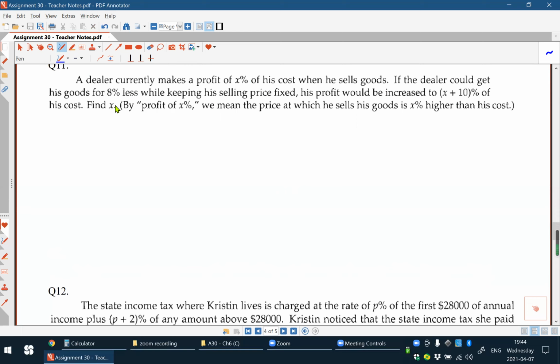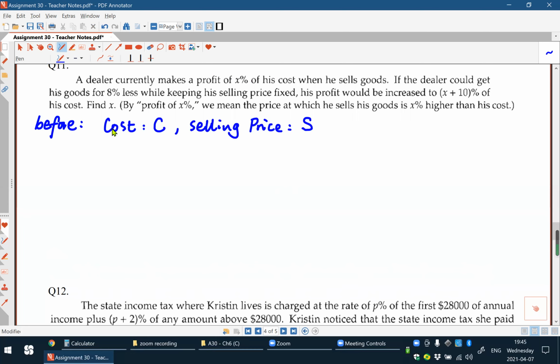Find the number of X. So before he changes his cost, let's just say the cost is denoted by C, and the selling price is denoted by S. That's workable, right?